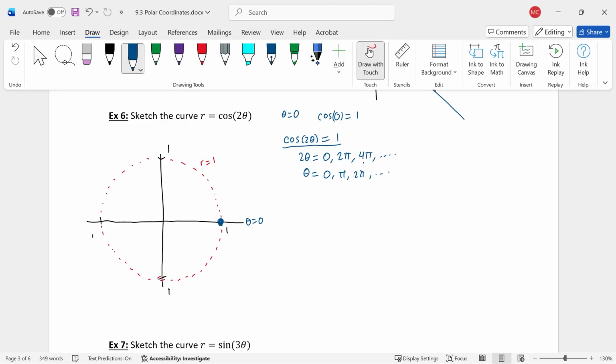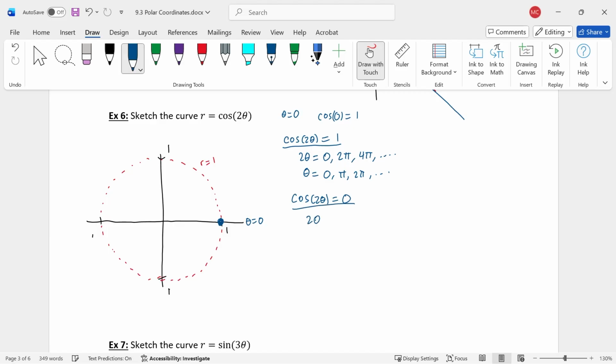And we're not going to plot any more of the curve yet. Instead, we're going to think about what happens next. So the major points for a cosine and sine function are when cosine is 1, 0, or -1. So let's now look at when cosine of 2 theta is 0.